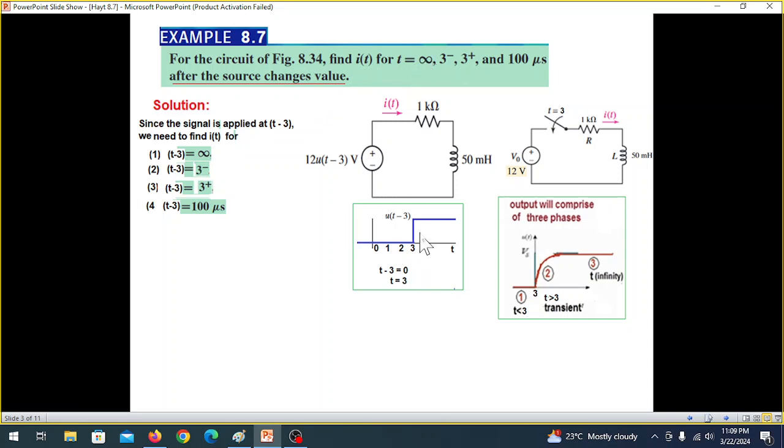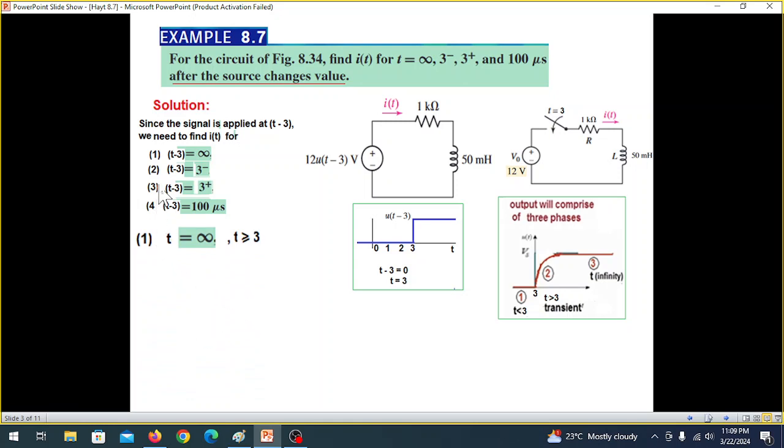But because it is changing at 3, it implies that at t minus 3 equal to infinity, we have to find the value of i. Similarly, t minus 3 is equal to minus 3, t minus 3 is equal to plus 3, and t minus 3 is equal to 100 microseconds. So this point is important that you keep in mind.